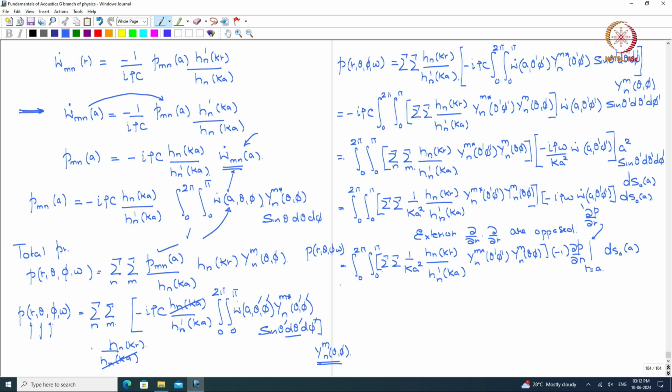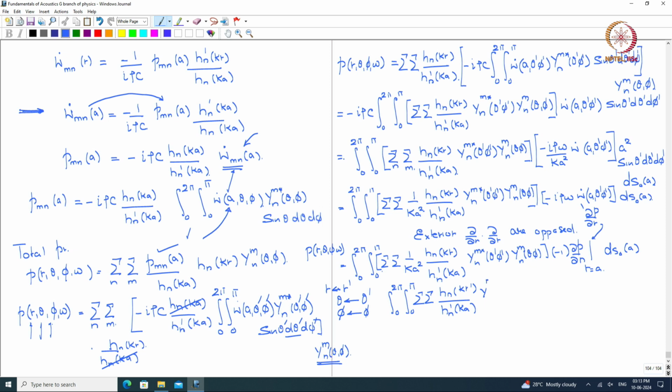Okay, now I replace r with r dash, theta with theta dash, phi with phi dash. Okay, if I do that, so I have 0 to 2 pi, 0 to pi, sigma, hn of kr dash, hn dash of Ka, nothing changes here, nothing changes here also.